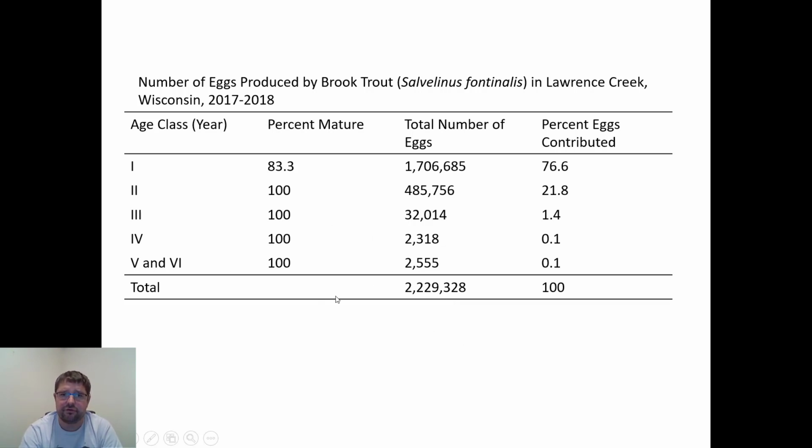Yet, often, when we examine a given region, we want to protect the largest fish, and that's often when we have slot limits, the largest fish have to be thrown back. Well, it makes no sense if you have data like this to throw these large fish back and keep the younger, smaller fish, because those smaller fish are the ones that are contributing the majority of the reproduction in that population.